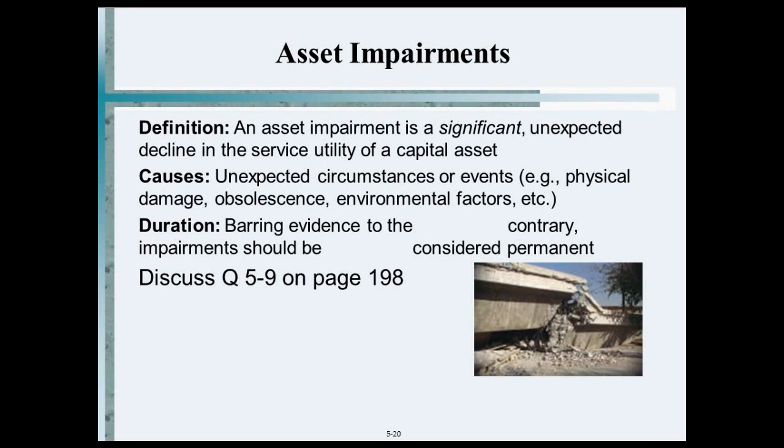So what happens? You have to write off the software. So that's what we mean by asset impairment. Unexpected circumstances or events which lead to an unexpected decline in the service utility of a capital asset. Okay?